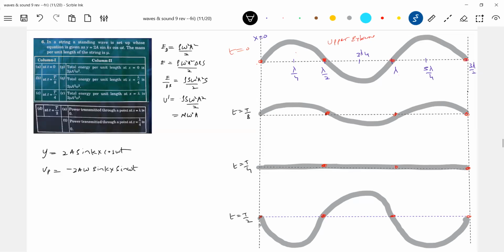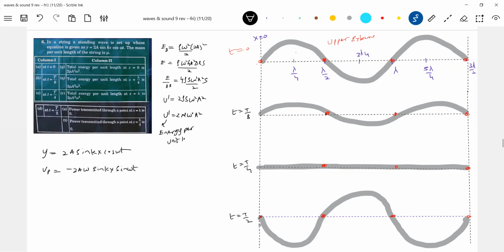Mu. What is the amplitude? Amplitude is 2A, no? So (2A) squared gives 4A squared, therefore this will become 2 and this will end up as 2. Okay, this U dash is energy per unit length.